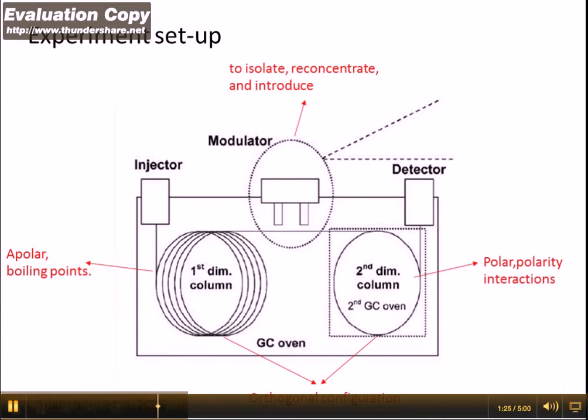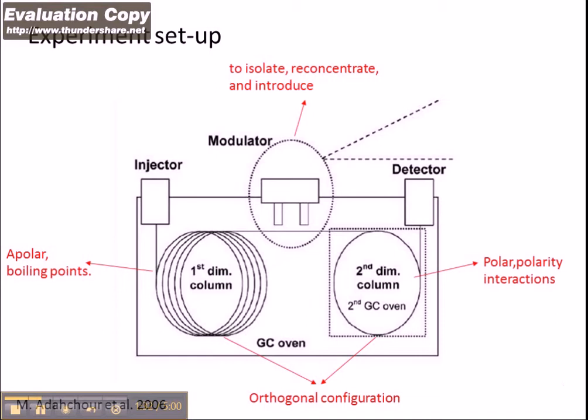First, the sample is injected through the injector to the first column, and the first column is usually apolar, and the separation is based on the boiling points of the different compounds. And then after separation by the first column, the sample goes through the modulator, which is used to isolate and reconcentrate the sample at a certain retention time, and then introduce the sample into the second column.